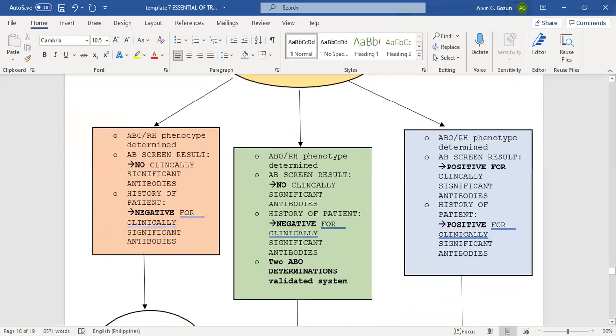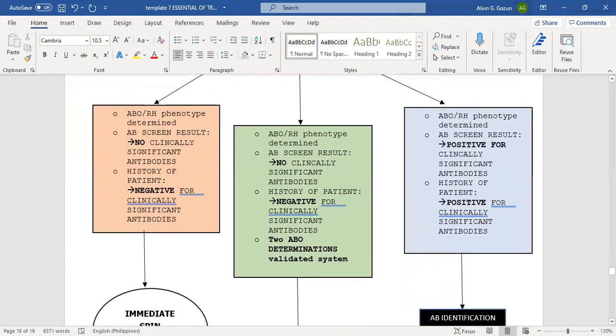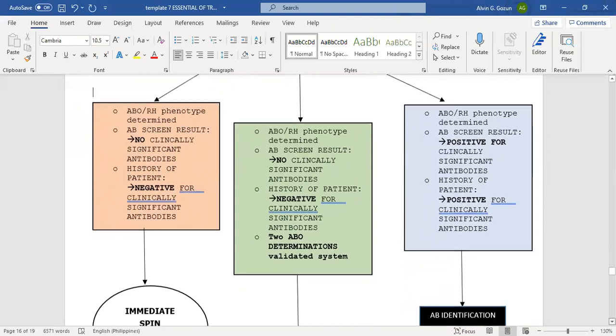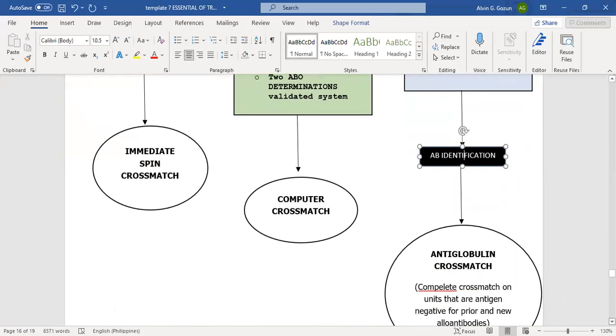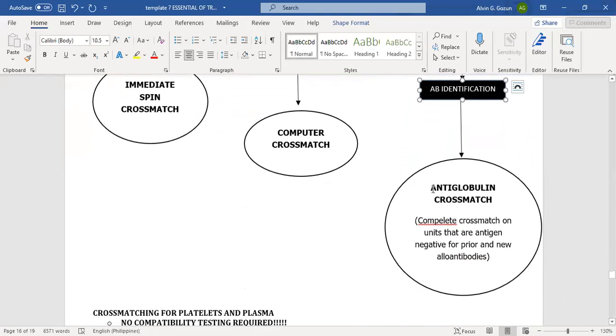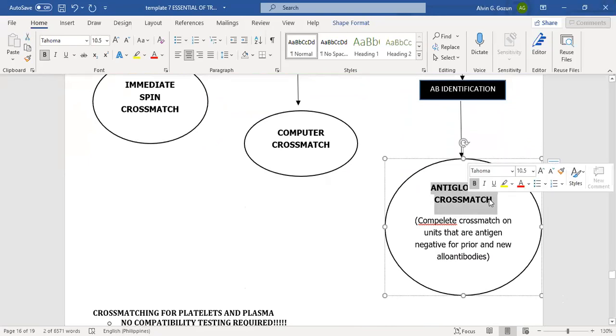Next, last part. ABO or RH phenotype is determined. Antibody screen, positive. History of patient, positive. Anong next na gagawin mo? Positive daw sa antibody screening. Uy, may antibodies. We should identify the antibody. And lastly, we perform antiglobulin cross-match. Again, sa antiglobulin cross-match, saan ka mag-start?